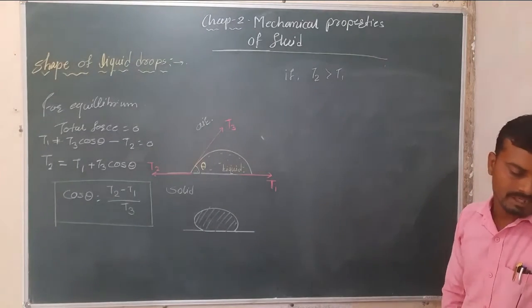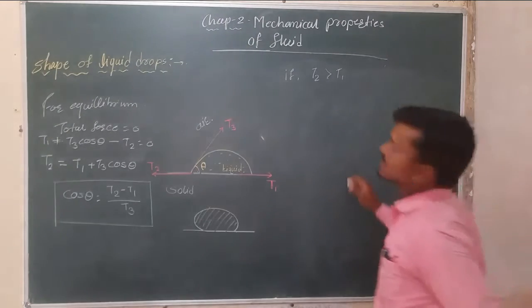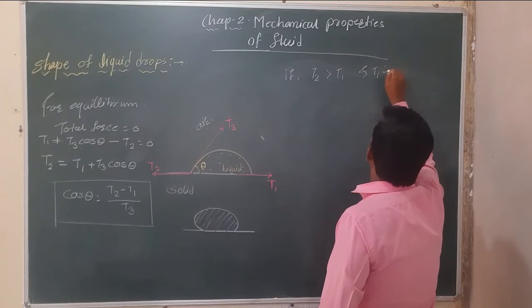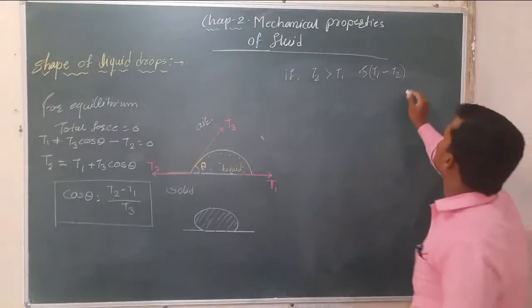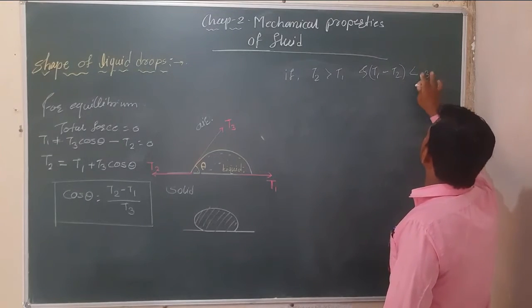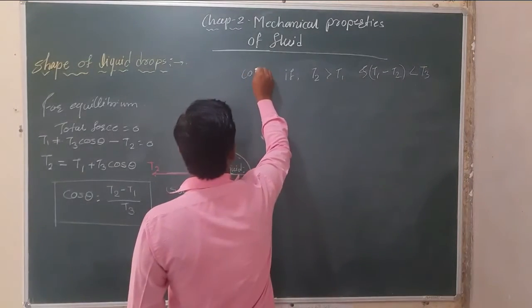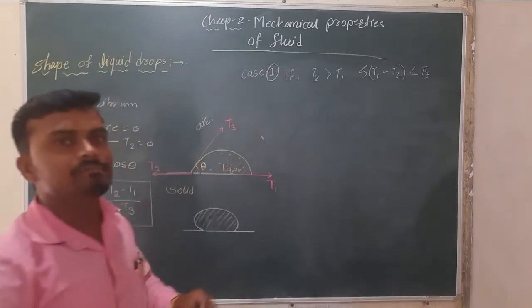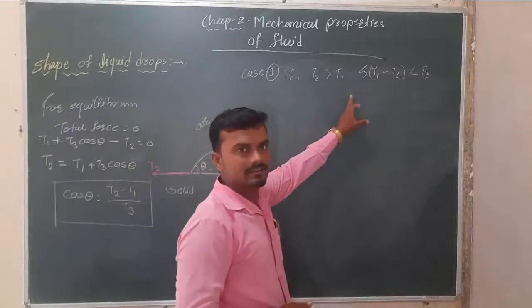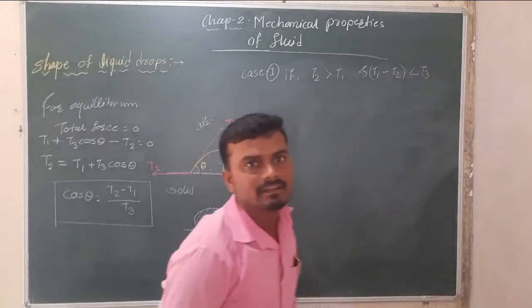Let's see what happens if T2 is greater than T1 and T1 minus T2 is less than T3.